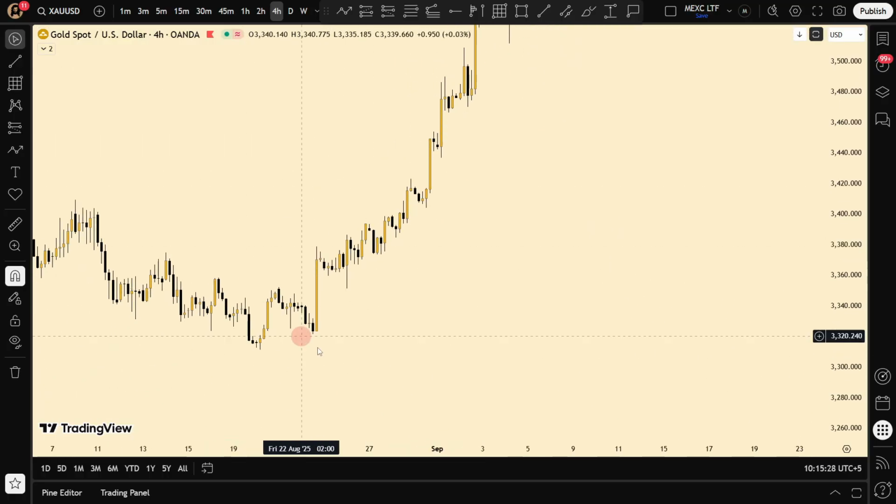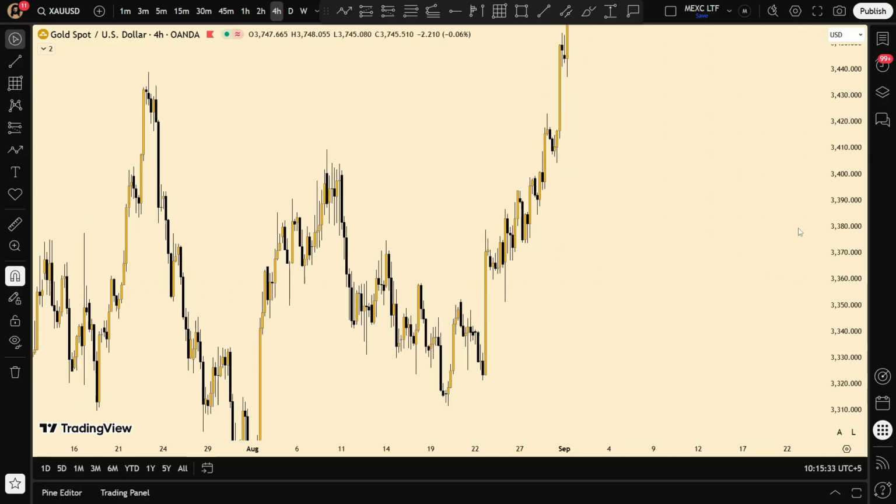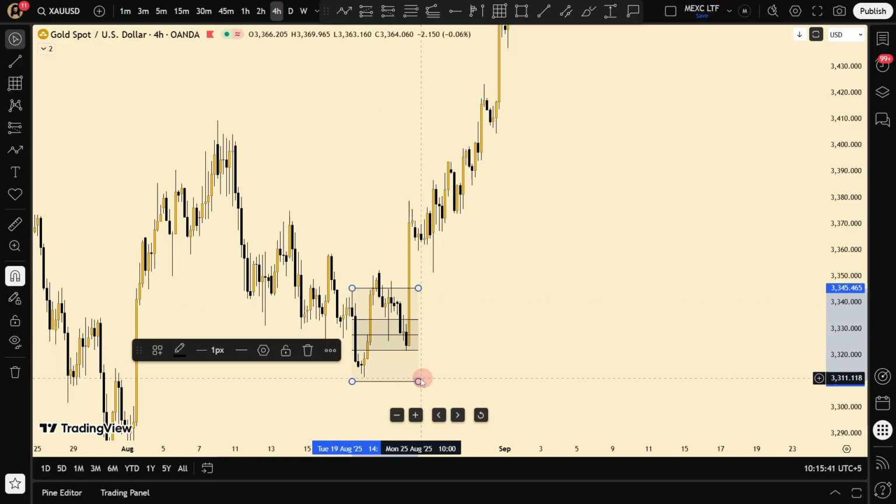Now, obviously, gold has been pretty bullish lately, but you know what I mean. So in this case, this is also a zone, and you can see from where it bounced. It already gave us a 1 to 1.